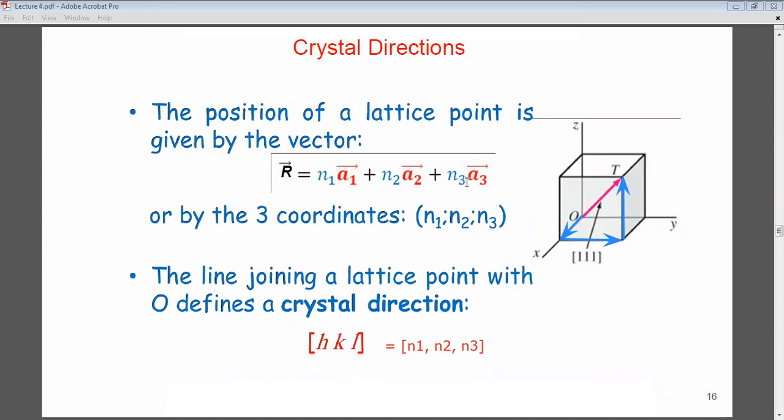So think of A1, A2, and A3 like the I vector along the x-axis, J vector along the y-axis, and K vector along the z-axis. Okay, so in order to reach point T, I go 1 step along the I vector, 1 step along the J vector, and 1 step along the K vector. And this over here in purple, OT, is called a crystal direction, and I denote it by HKL, which is N1, N2, N3. That is 1, 1, 1 in this case. So this is about a crystal direction. It's our new definitions.